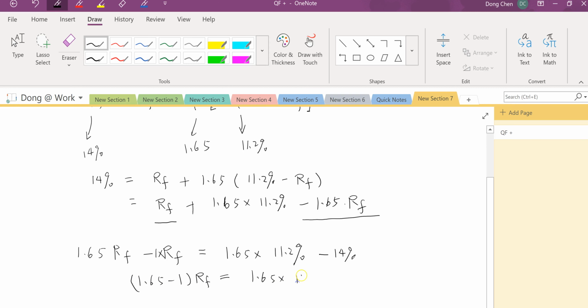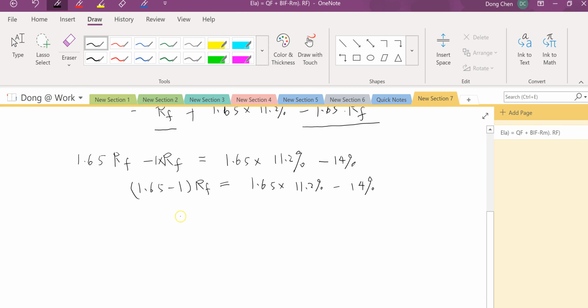So RF equals 1.65 times 11.2% minus 14%, and we divide both sides by 1.65 minus 1, which is simply 0.65.